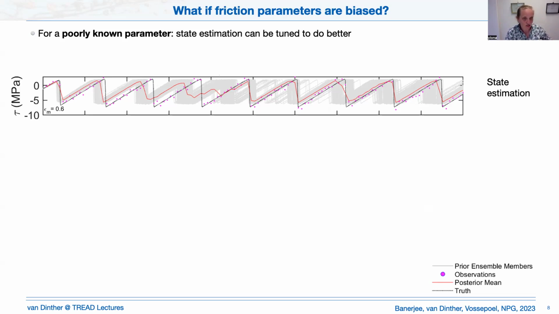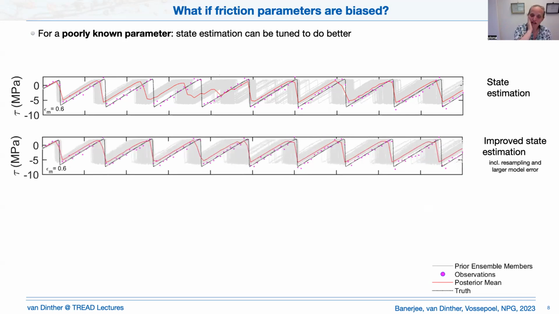So it's the observations from the true model that will still know that and correct the posterior back. So if it's poorly known, you'll see that the performance, the red line, becomes much worse. So sometimes it misses events, sometimes it does it right. But the state estimation, this is just pure from just the model error.